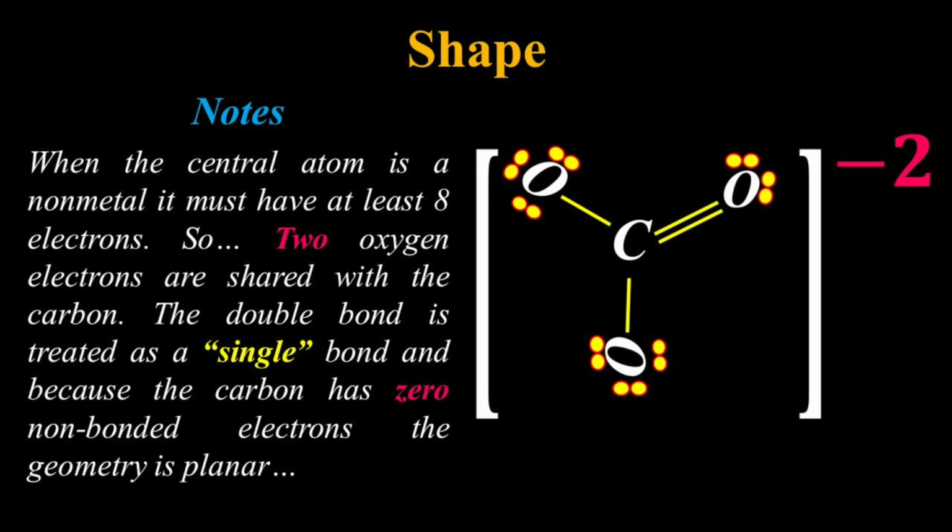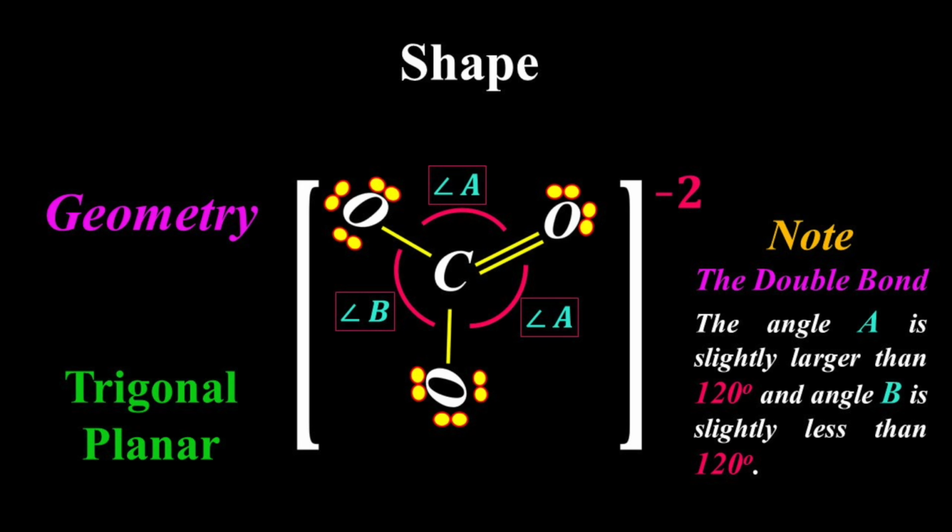Okay. And remember, the 2 angles that are near the double bond will be a little bit greater than 120, and the angle underneath will be a little bit less. Okay, so there it is. It says the angle A is slightly larger and angle B is slightly less.